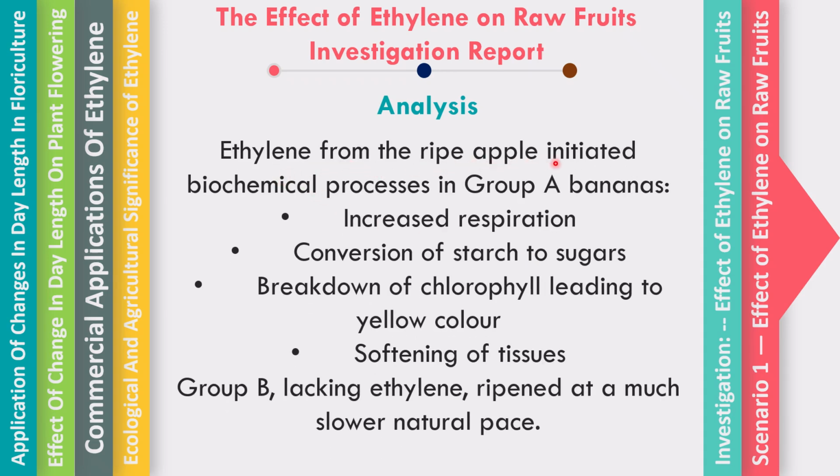Ethylene from the ripe apple initiated biochemical processes in Group A bananas: increased respiration, conversion of starch to sugar, breakdown of chlorophyll leading to yellow color, and softening of tissues. Group B, lacking ethylene, ripened at a much slower natural pace.